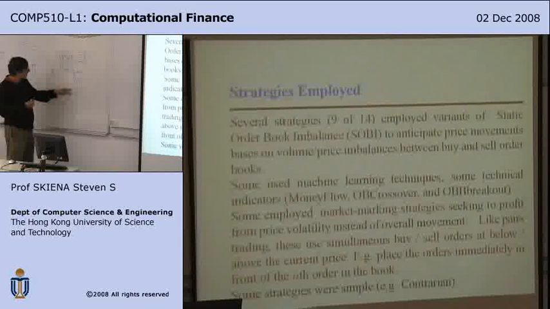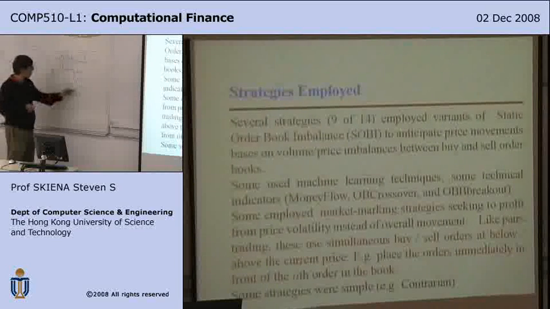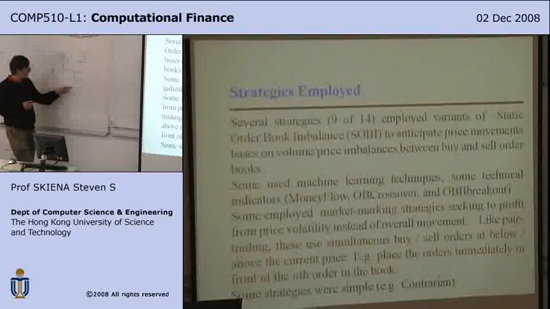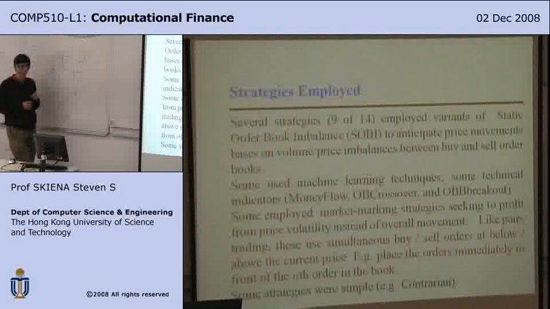So I will put some kind of window at regular moments in time. I will compute an upper bound and put in a sell order, and a lower bound and put in a buy order.